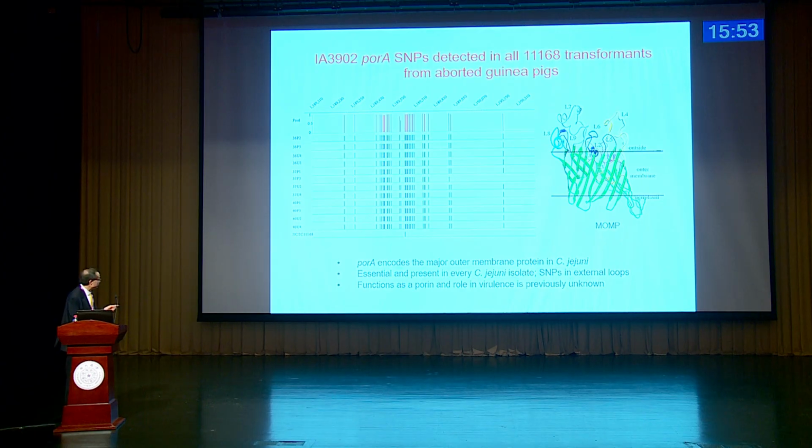So this protein actually is essential. Every strain has this porA gene, but there are single nucleotide polymorphisms. Each strain more or less is a little bit different. So ST8 was able to transfer all these SNPs into 11168 to make 11168 go from non-virulent to fully virulent.